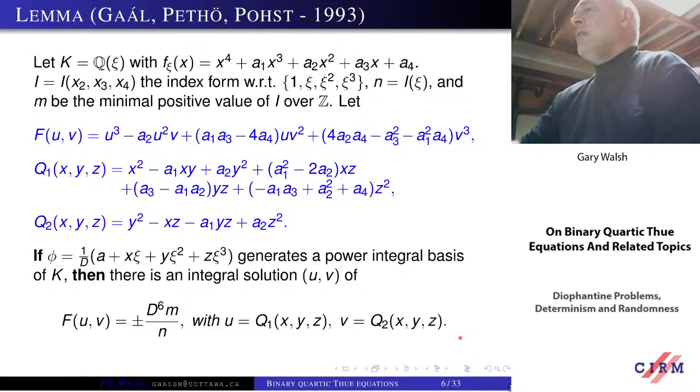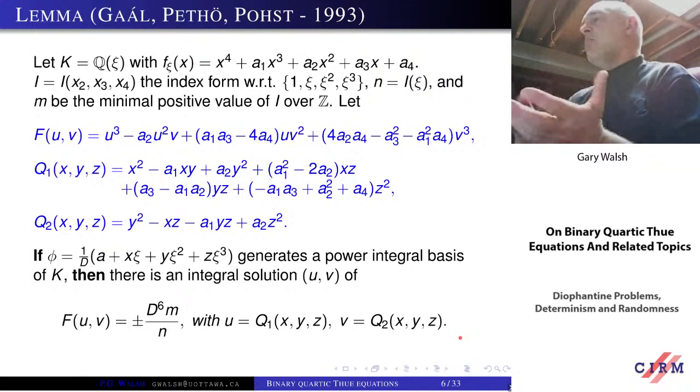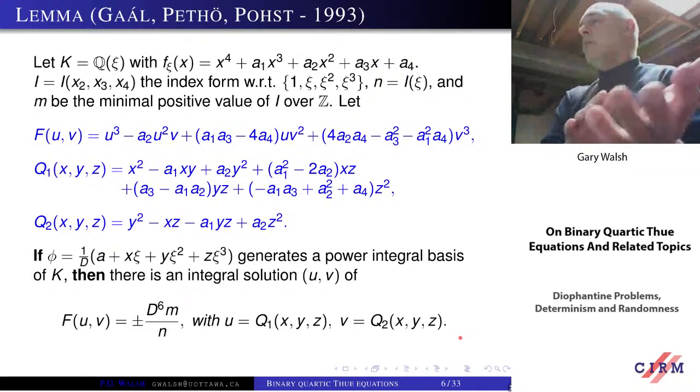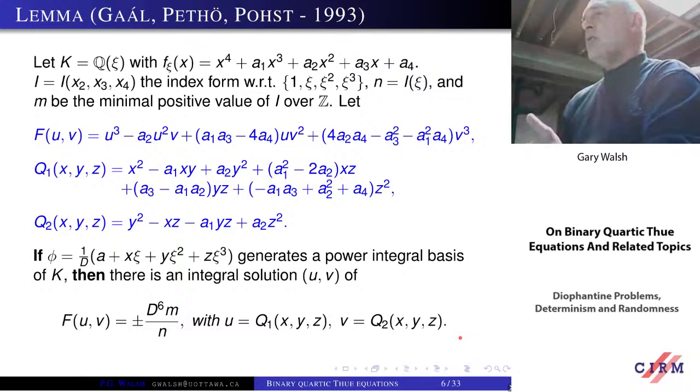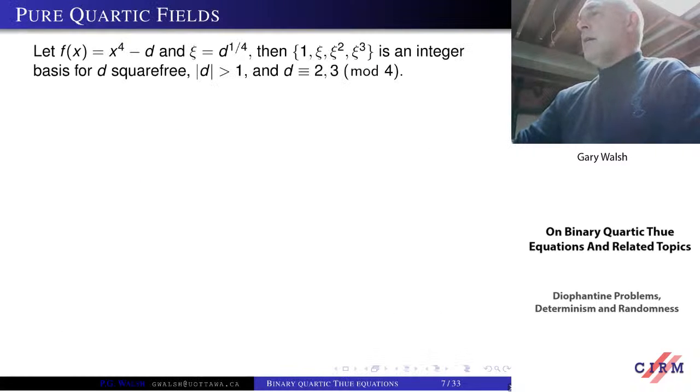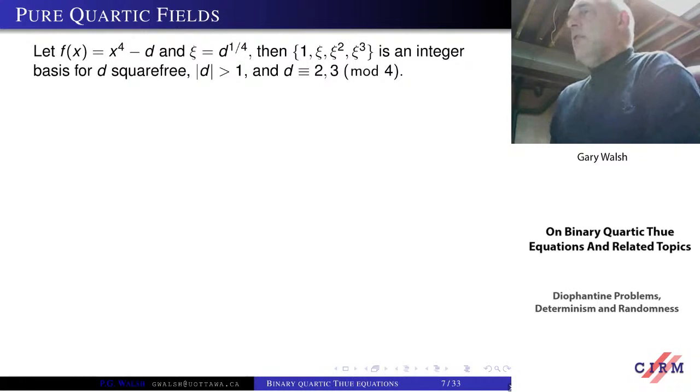So we use this lemma to go from where we were on the previous slide, almost in a hopeless situation, to now having to solve a Thue equation, basically. So we can do this computationally. And what I'm interested in specifically are pure quartic fields.